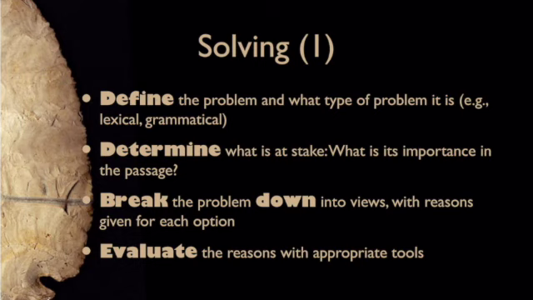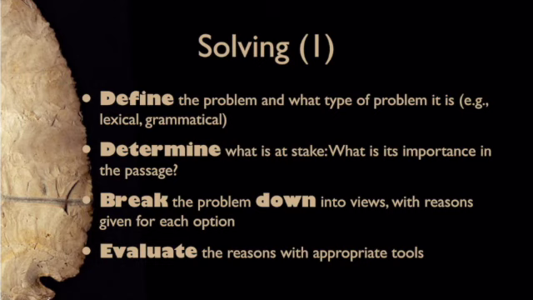There might be some type of grammatical problem. So does a phrase modify a particular verb, or does it modify the verb after it? So there might be some question about how the passage fits together. There might be an identity problem, an issue of a referent, and that's the kind of problem that you're going to be tackling in Ephesians 2:14.